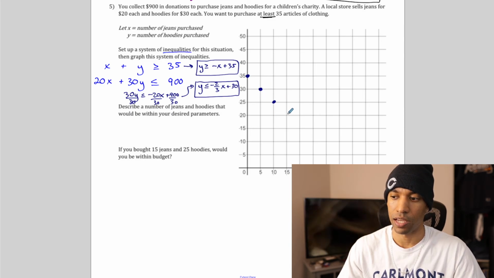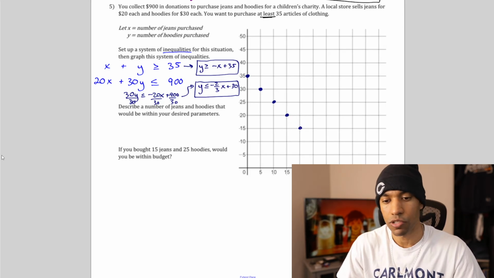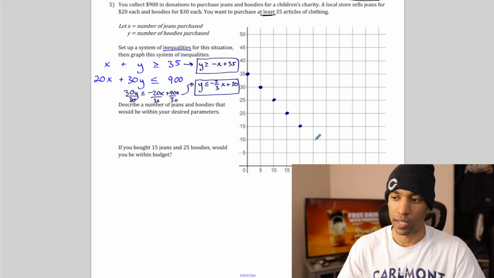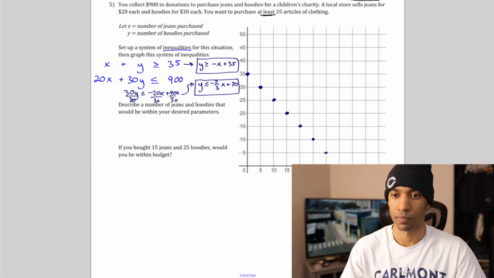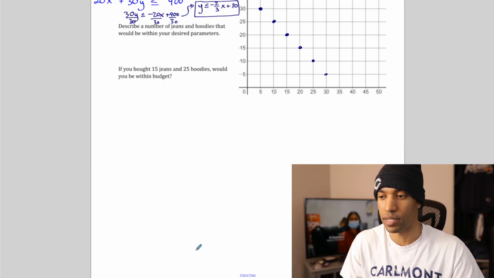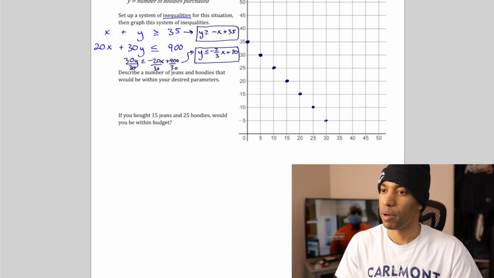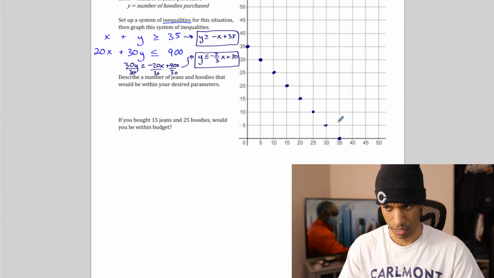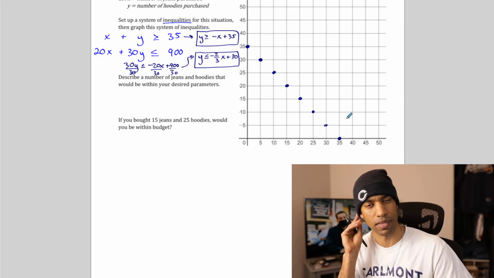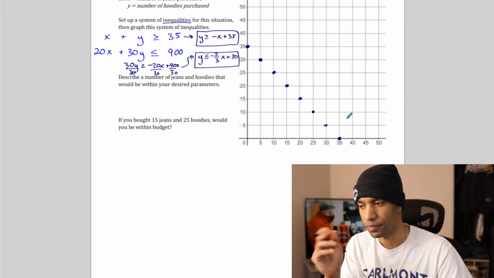Now you might say, whoa, Mr. Robinson, if you look at the scales go by 5. You're not going down 1 over 1. You're going down 5 over 5. And you'd be right. I am. I'm going down 5 over 5. But isn't 5 over 5 the same thing as 1? Isn't negative 5 divided by 5 the same thing as negative 1? Yeah, it is.